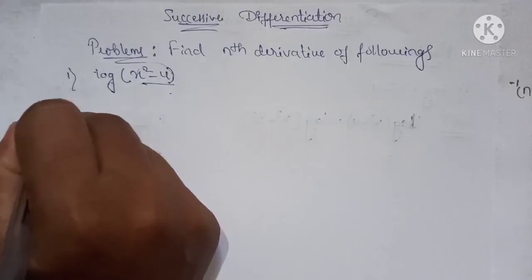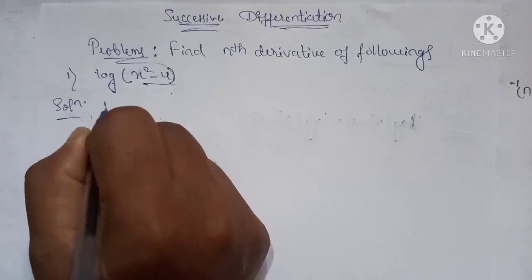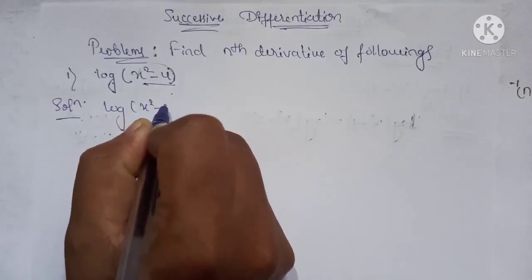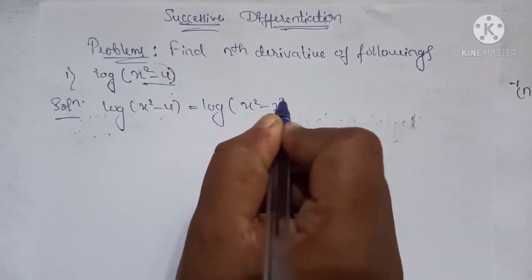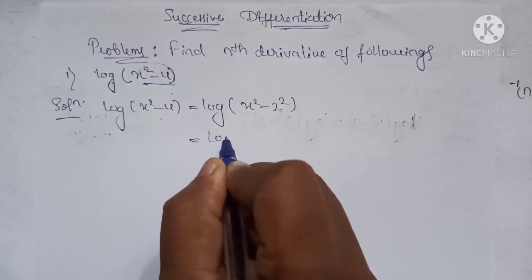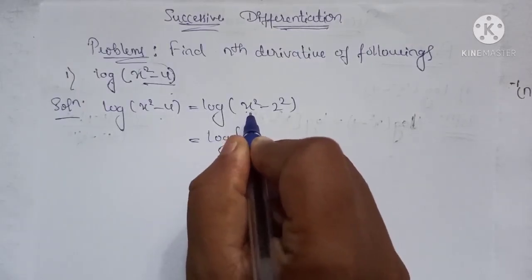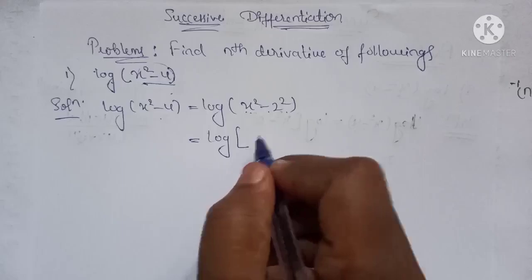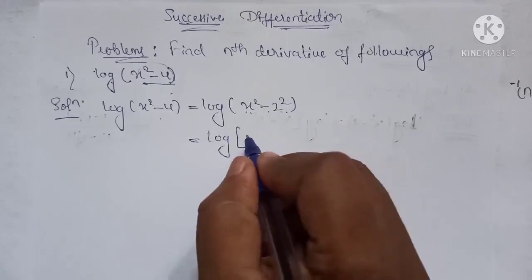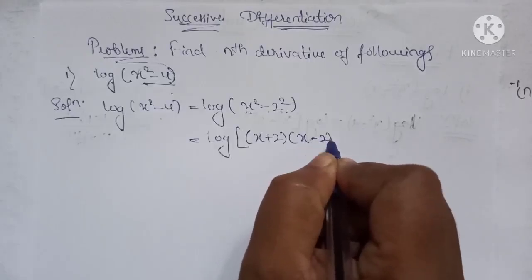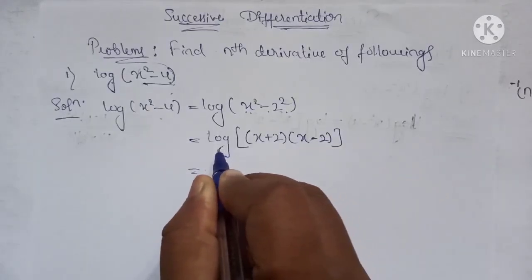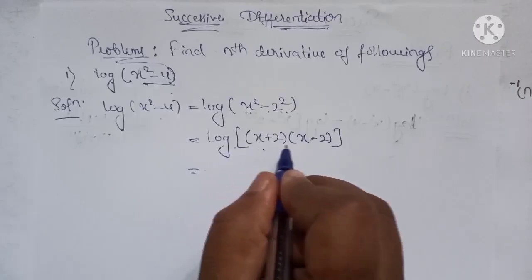Okay, so solution. This log of x square minus 4 can be written as log of x square minus 2 square, which is equal to log of, it is of the form a square minus b square, that is (a plus b)(a minus b). So here (x plus 2)(x minus 2). Now we can apply log of m into n.